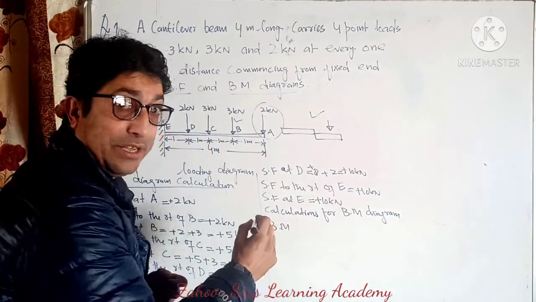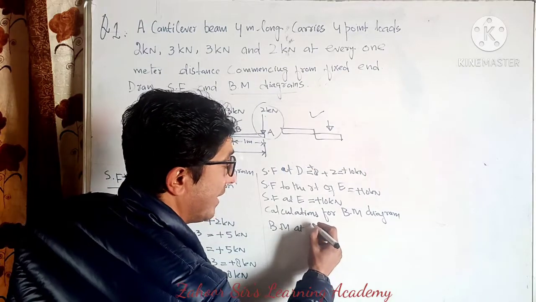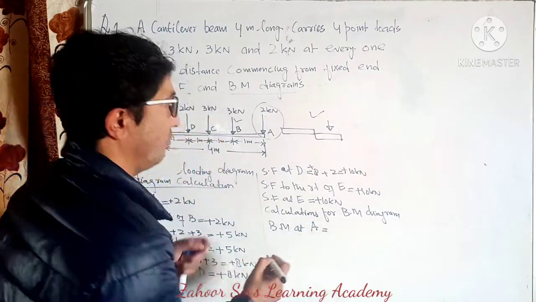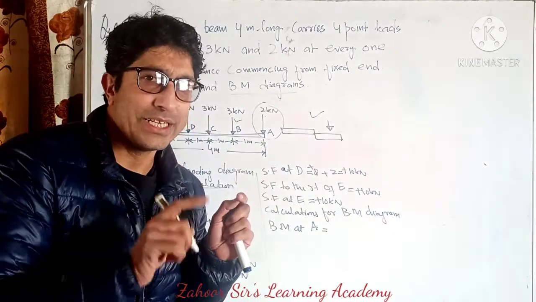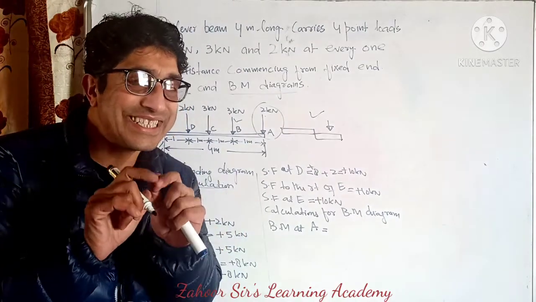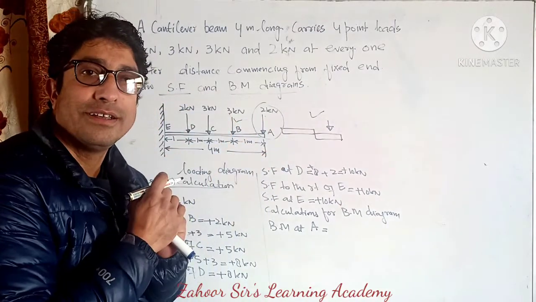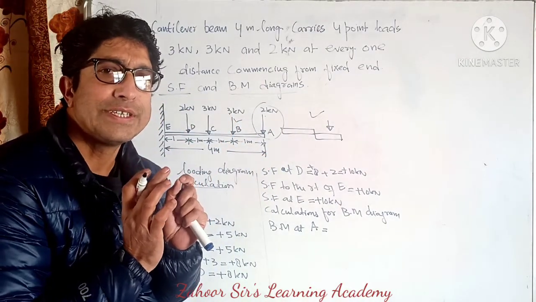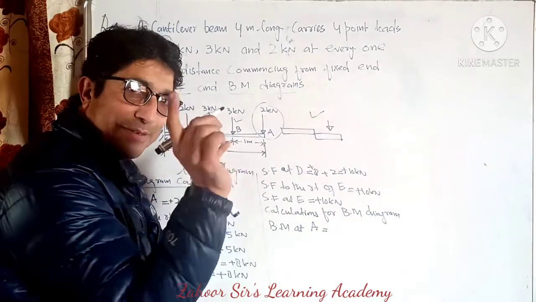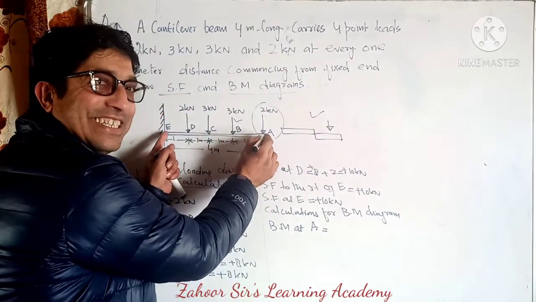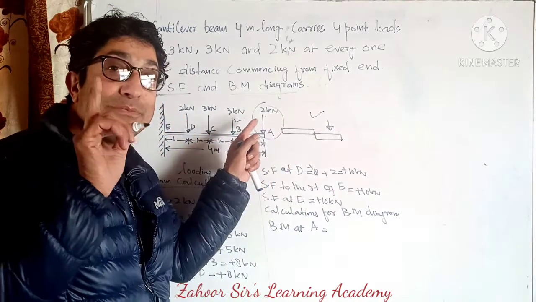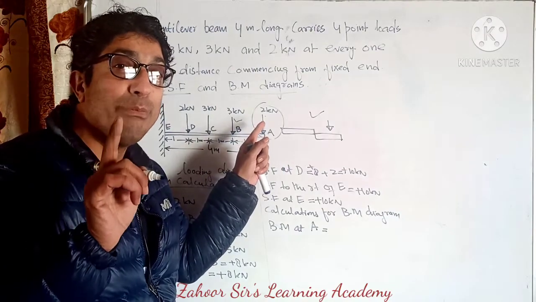Now tell me, BM stands for bending moment at A, at this point A. In case of bending, there are two parameters. One is the distance and another is the force. At A, there is the force, but where is the distance? Remember one thing, I'm saying bending moment. Who is going to bend point A?